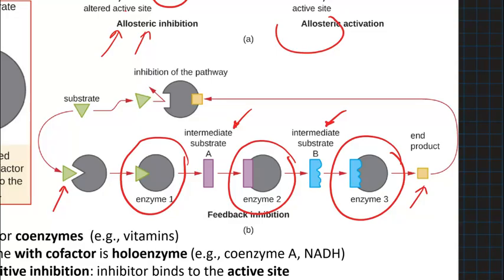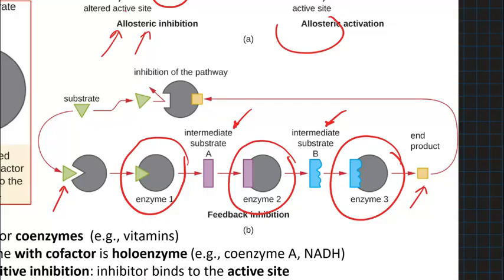So this linear pathway, as you can imagine, if you let it run without any restrictions, will deplete the cell of a substrate, whatever it is, and will generate excessive amount of the product. So how can we regulate that?